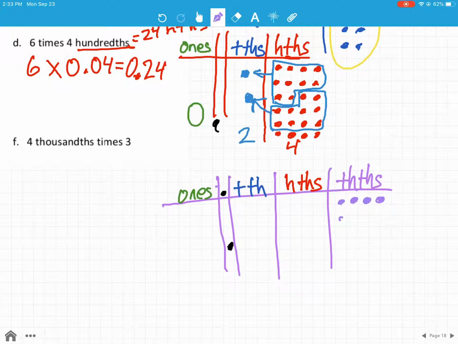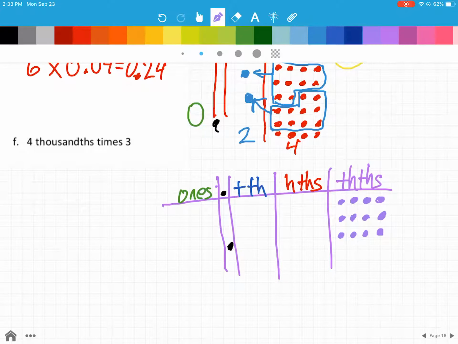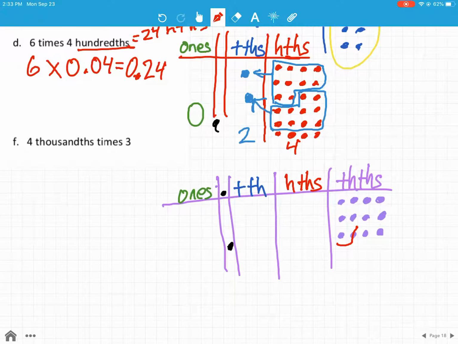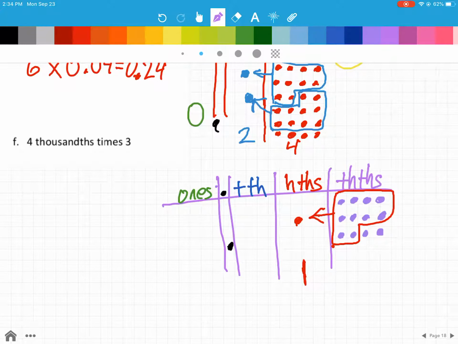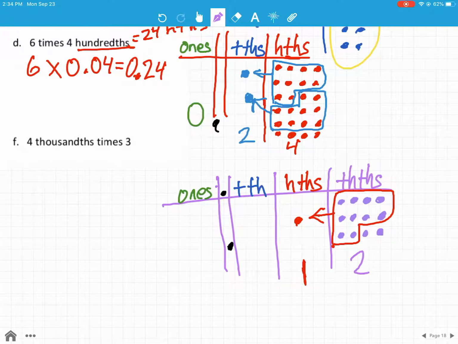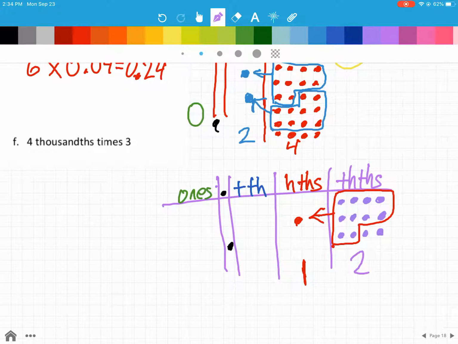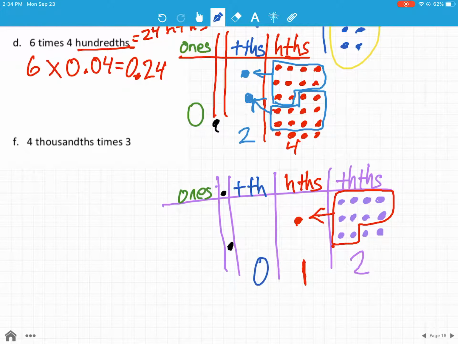We already saw this problem. It was in a different place though. And we know we can group 10 of them. And they become hundredths. So we know there's 1 hundredth and 2 thousandths. We have 0 in the tens place and 0 in the ones place.